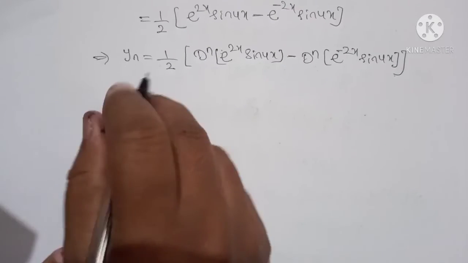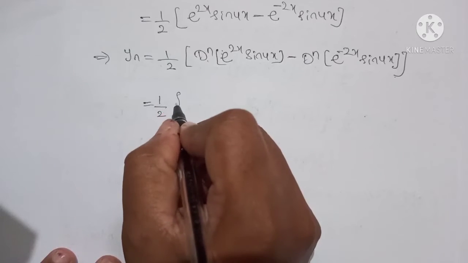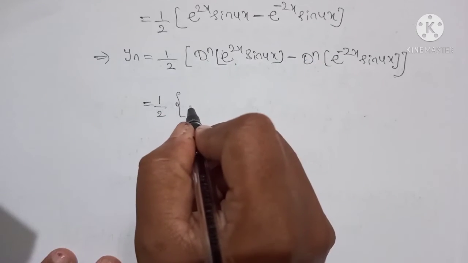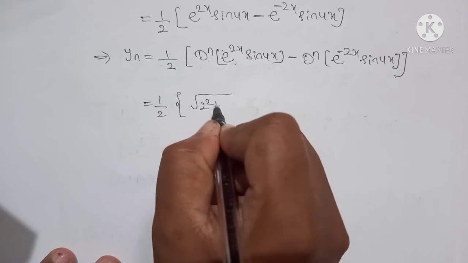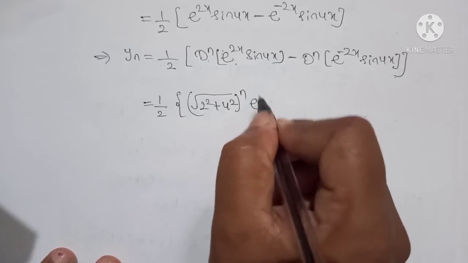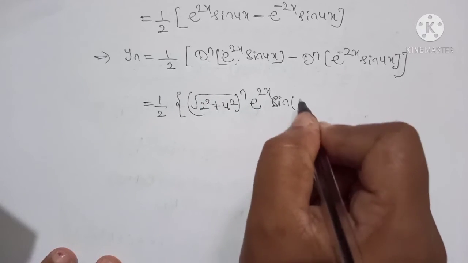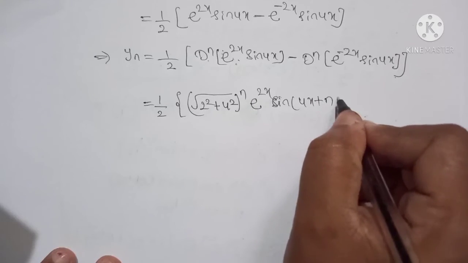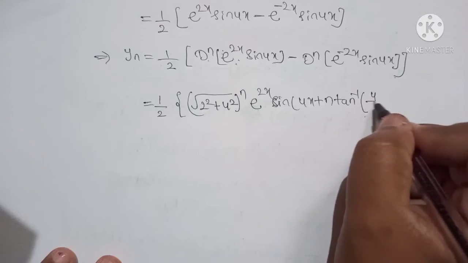Applying the formula, we get 1 by 2 times the nth derivative of e raised to 2x: square root of a square, that is 2 square, plus b square, that is 4 square, power n, e raised to 2x sin of 4x plus n tan inverse of b by a. B is 4, a is 2.